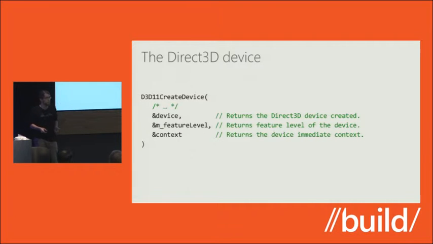But when it comes time to actually binding something to the pipeline, you'll use the context that you get from this function. And also in this method, you get back the feature level of the machine that the app is running on. Now, if you want to learn more about feature levels, there's a great talk that I'm giving tomorrow night that you can check out. So I won't have time to go into that. But that gives you an understanding of this fundamental API call.